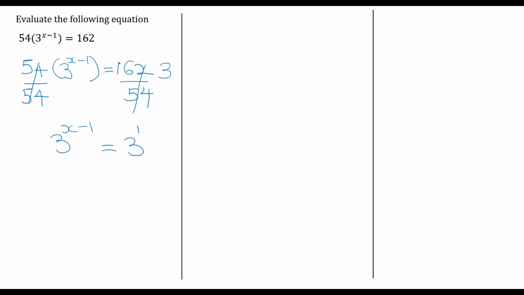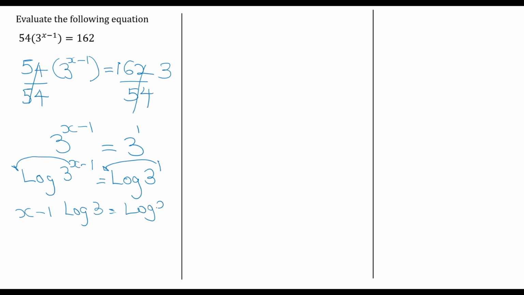You can choose to solve from this point using two approaches. The first one is, let's say you choose to introduce logs. Say log of 3 to power x minus 1 is equal to log of 3 to power 1. Take the power down, and you'll be left with x minus 1 log of 3 is equal to log of 3.